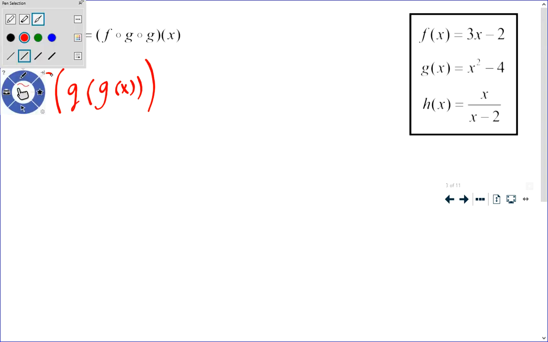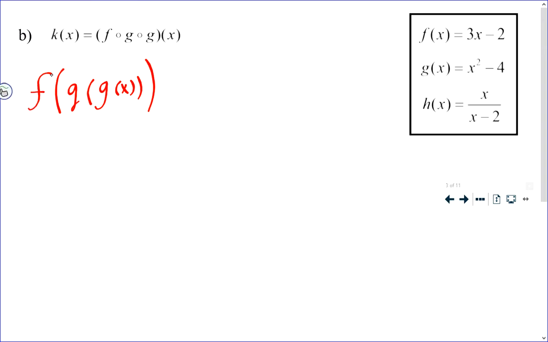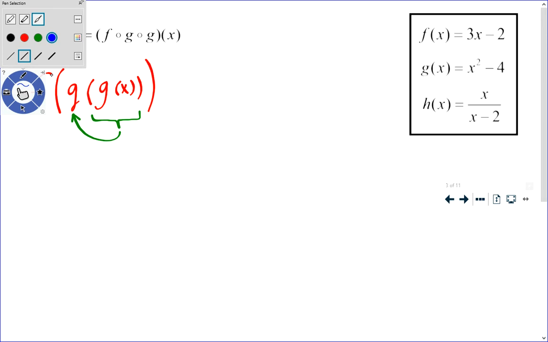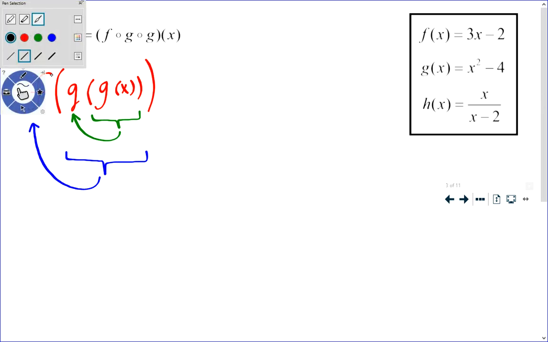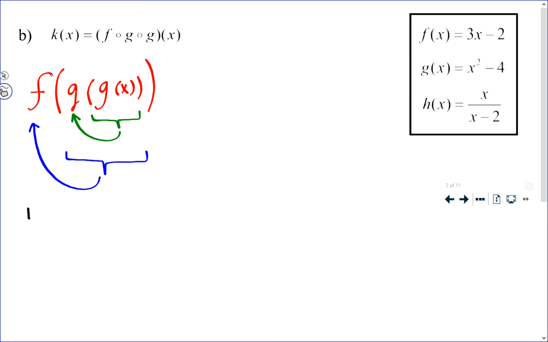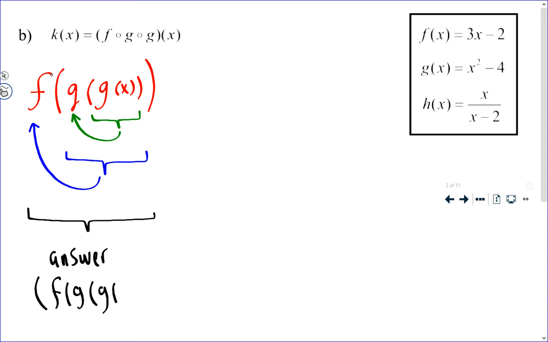One of them is to say that what we are going to do is take g of x, put it into g, then take whatever comes out, put it into f, and then say to ourselves, whatever comes out at the very end of this process is the answer. What comes out is f of g of x.